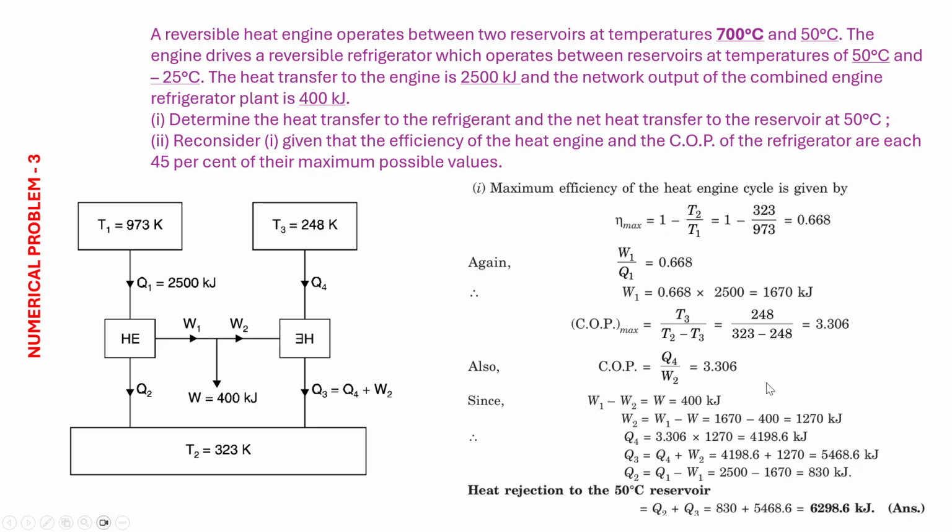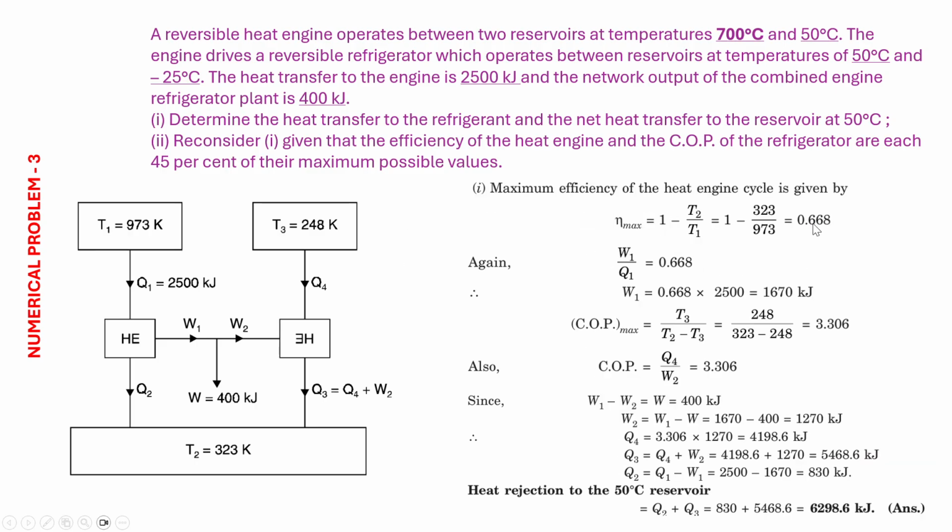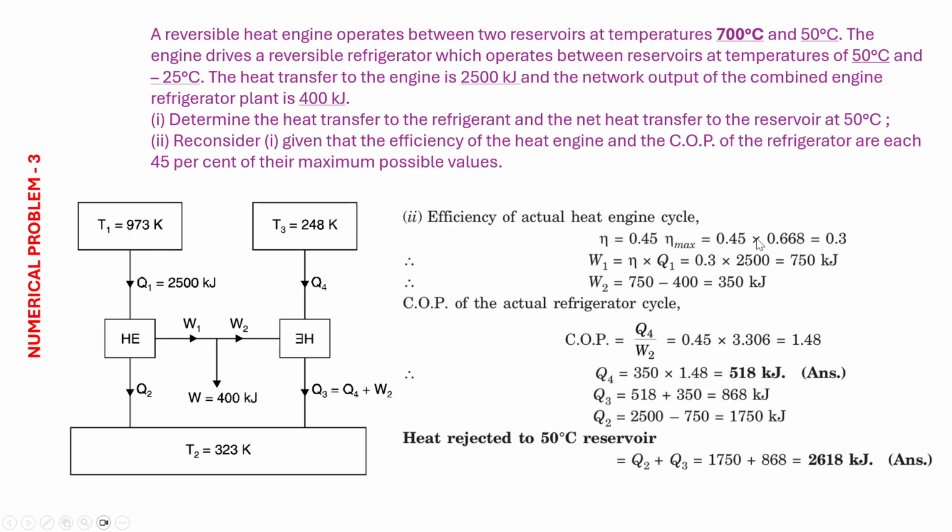The efficiency is going to be mapped with 0.45 of the maximum value, right? So efficiency is equal to 0.45 of the maximum efficiency, which is 0.668 from the previous slide. On substituting here, the efficiency will come around 0.3.